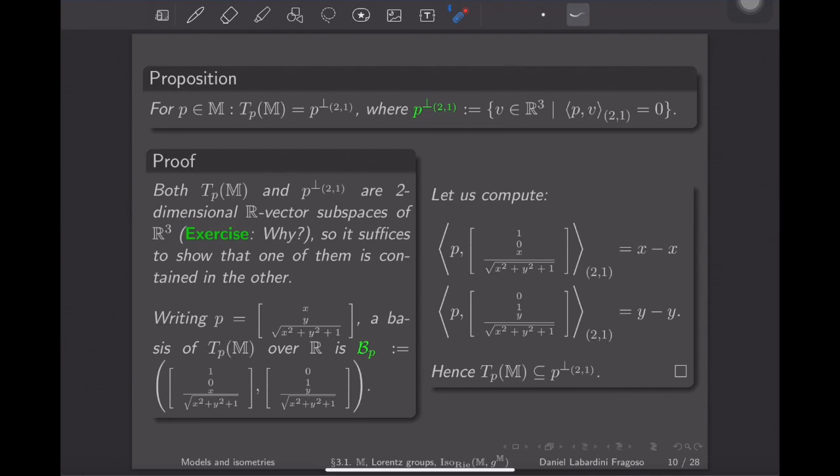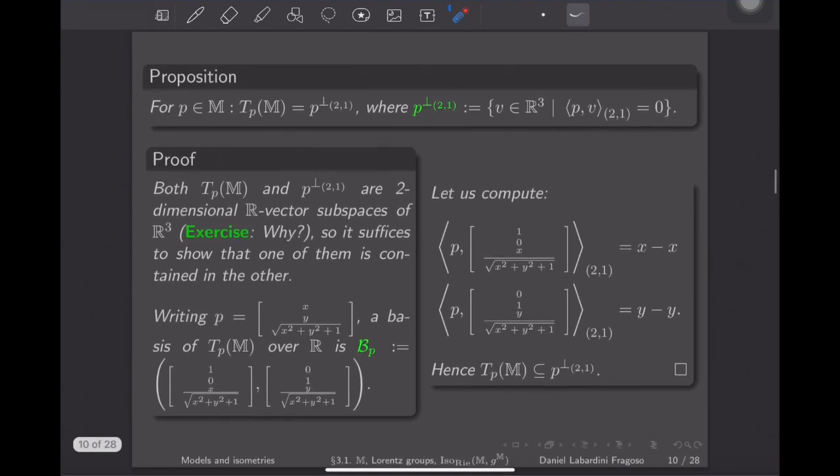And so here I have, this is the partial derivative with respect to x. This is the partial derivative with respect to y, if I'm doing everything correctly. And then I just have to keep track that I'm sitting in the graph, so that's why I also need 1, 0, and 0, 1.